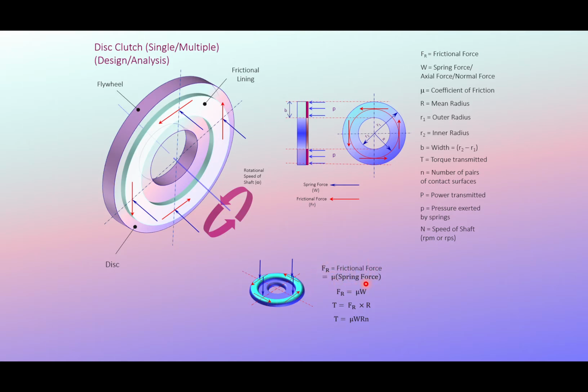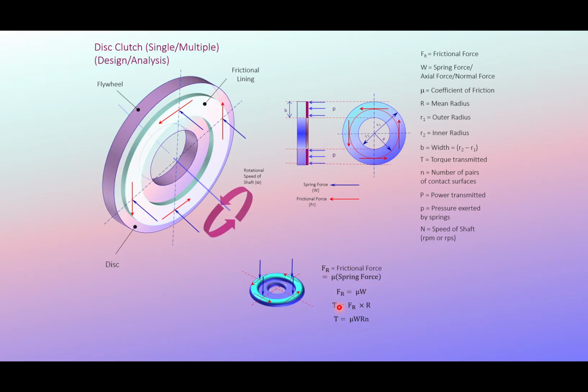So the frictional force is defined as the coefficient of friction with the normal force. But in this case, the normal force is the spring force exerted by the pressure plate, between the pressure plate and the disc. The frictional force therefore is equal to the product of the coefficient of friction and the axial force here.